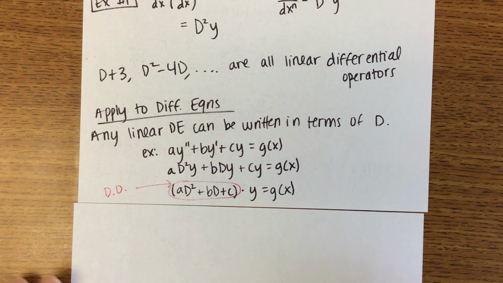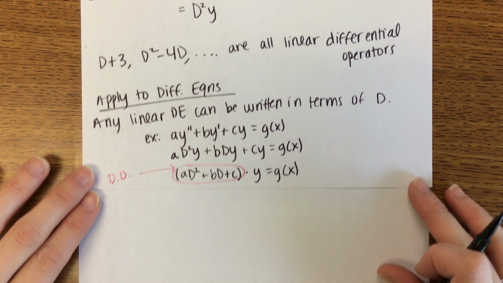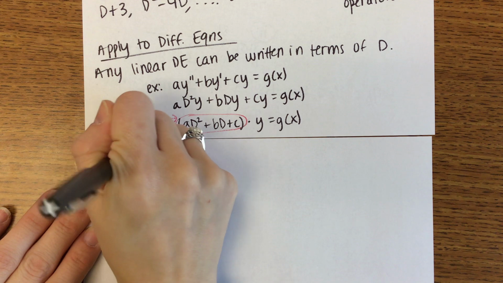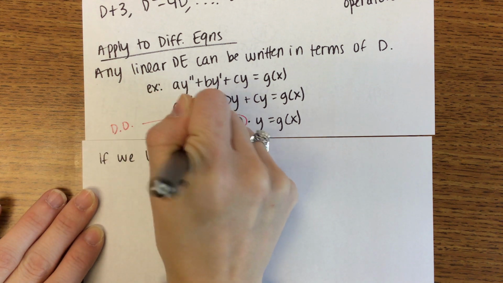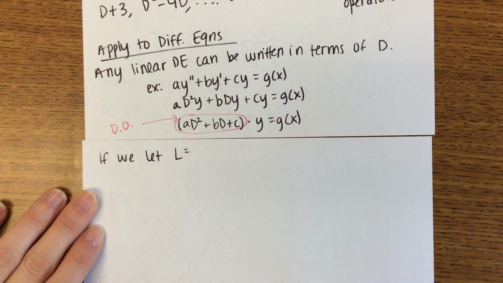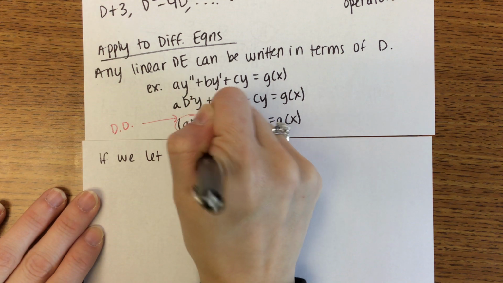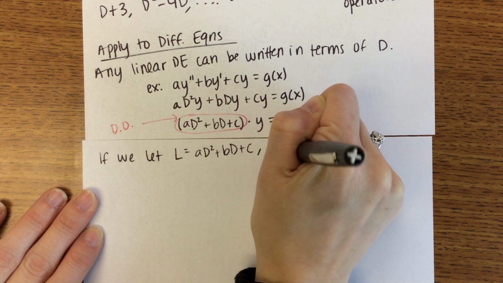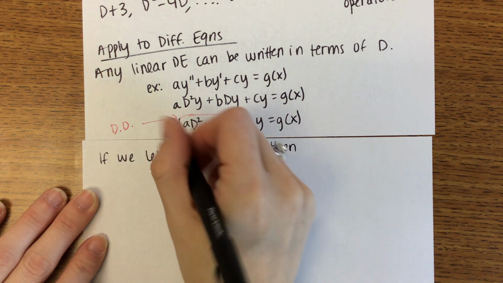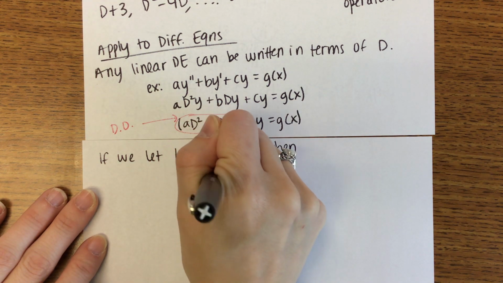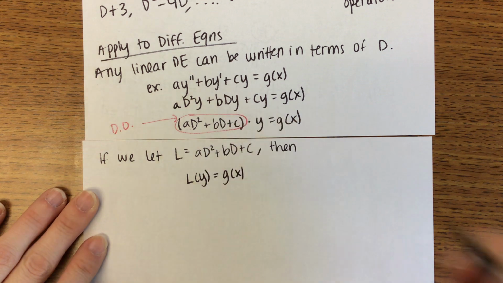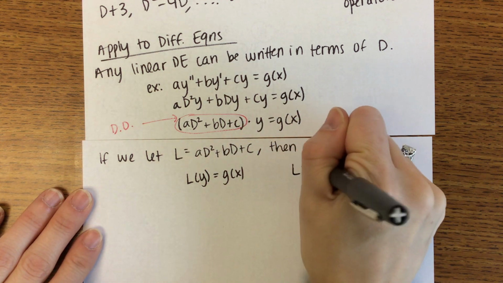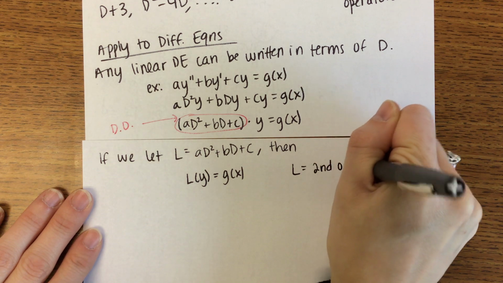So another way to write this: if we let L be equal to aD squared plus bD plus c, then what we get is L applied to y is equal to g of x. L is called a second order differential operator.